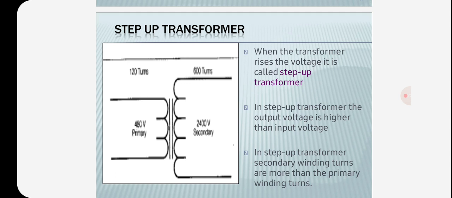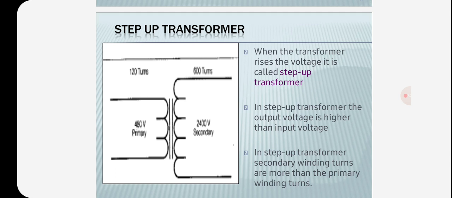So the primary EMF E1 is equal to minus N1 d phi by dt, and secondary EMF E2 is equal to minus N2 d phi by dt from Faraday's law. The ratio of primary to secondary EMF is the same as the ratio of primary to secondary winding turns.